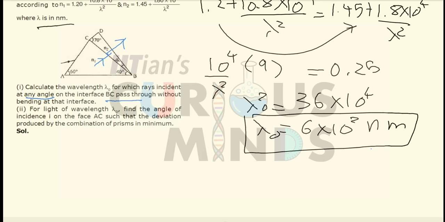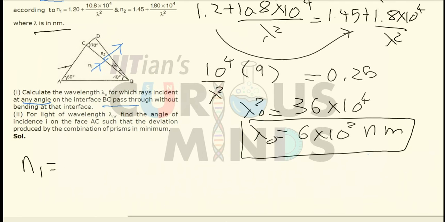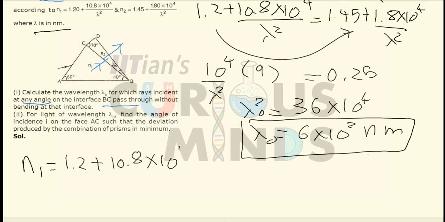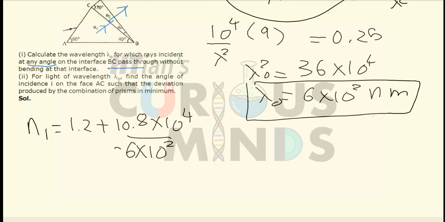Let us find out the first refractive index n1 over here. When I substitute the value, n1 over here will be equal to 1.2 plus 10.8 into 10 raised to 4 divided by lambda square. I will substitute it in nanometer, it will be equal to 6 into 10 raised to 2, the whole square.